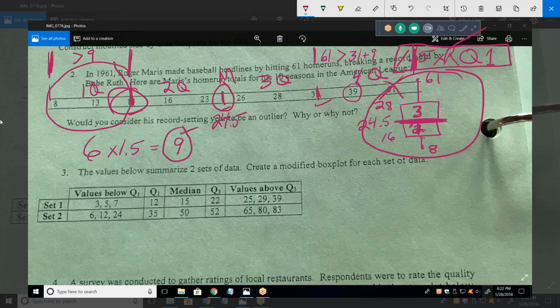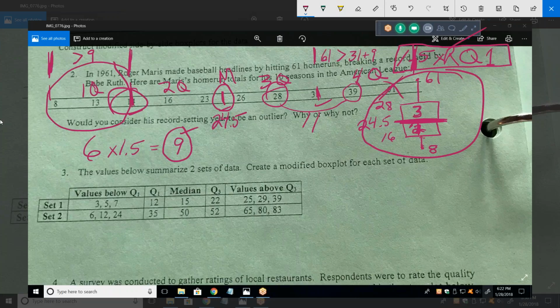So even if I'm wrong on both of these problems, I don't think I'm wrong on the first one, but the second one I might be off a little bit in my definition. It doesn't really matter. 61 is always an outlier. 39 might be, because notice that if 28 is the end of the third quartile, 39 is 11 away from that, it's greater than 9.